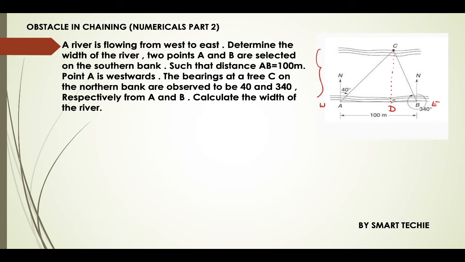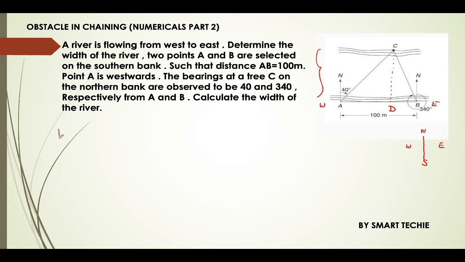They have given 2 points A and B selected on a southern bank. For example, this is north, this is west, this is east, and this is south. So A and B are the 2 points on the southern side, and they have given the bearing with respect to point C. What is a bearing?